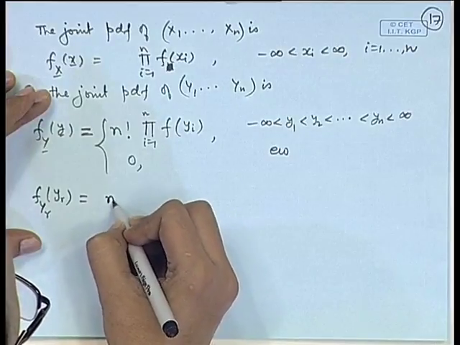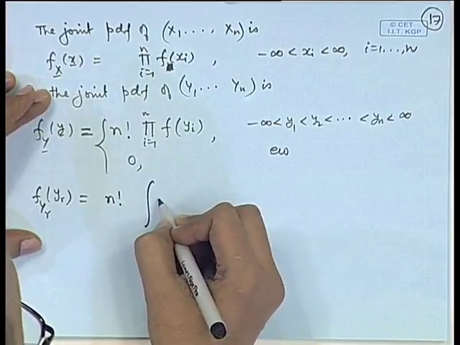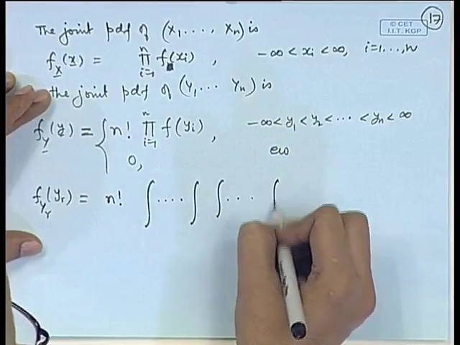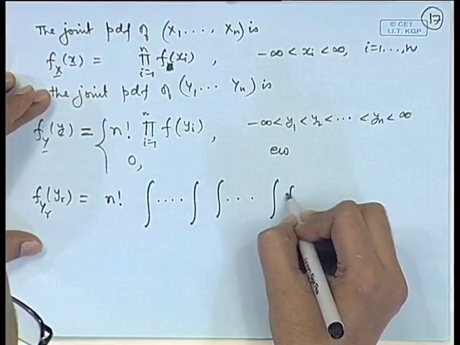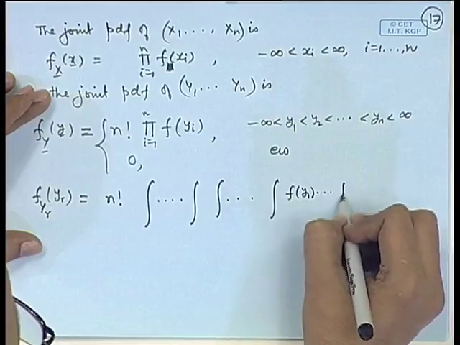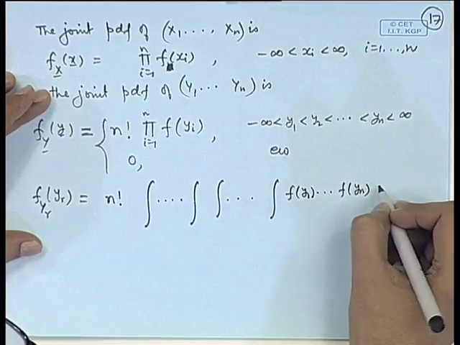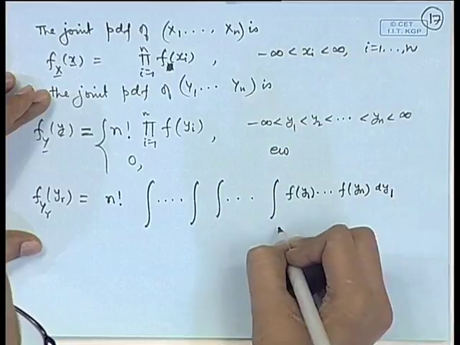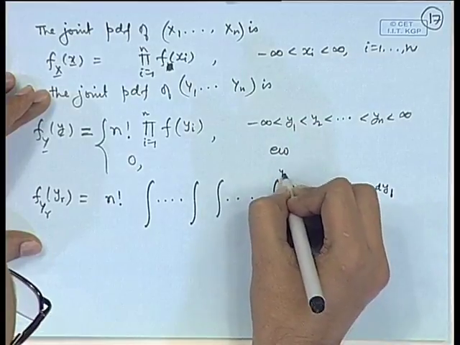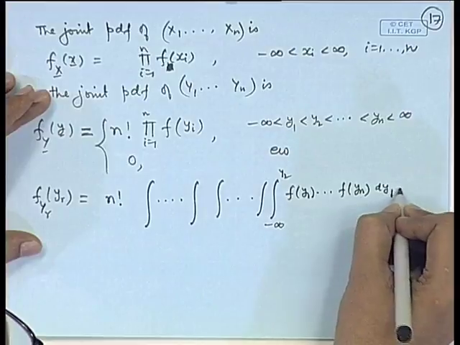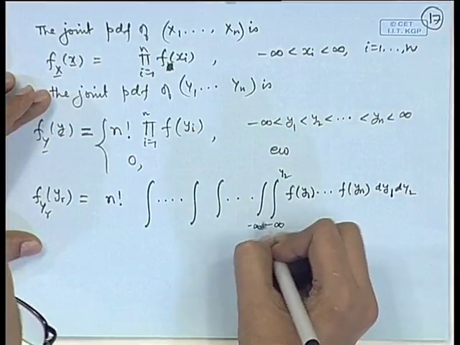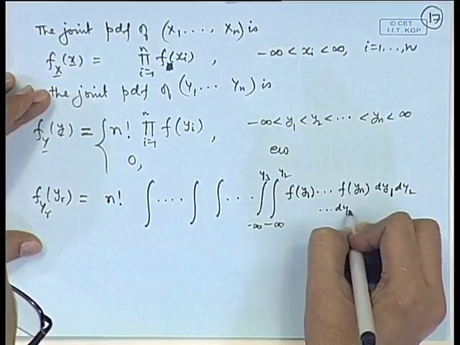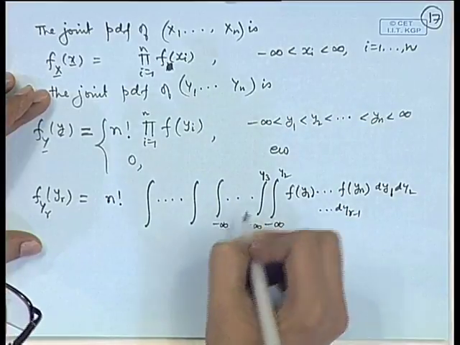It will be the integral of f of y 1, y 2, f of y n. So, we can integrate with respect to y 1 from minus infinity to y 2, with respect to y 2 from minus infinity to y 3 and so on up to y r minus 1 from minus infinity to y r.